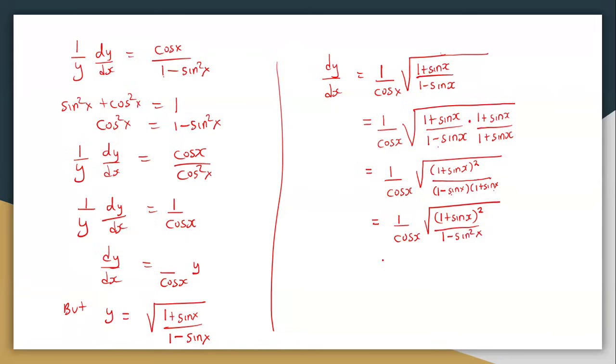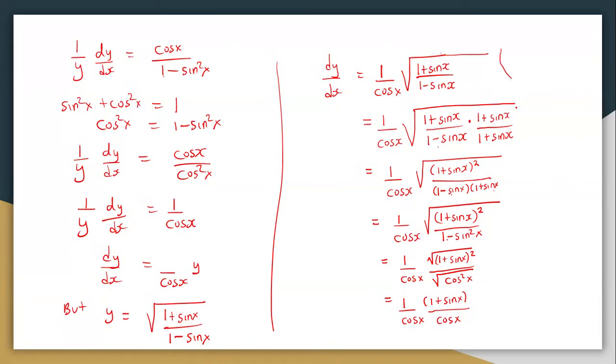Now I can continue and say this is the same as 1 out of cos of x into, I can now have my roots separated, root of 1 plus sine of x, everything squared, divided by 1 minus sine squared x, which is the same as cos squared of x. So here we shall remain with 1 out of cos of x into 1 plus sine of x, divided by the cos of x.